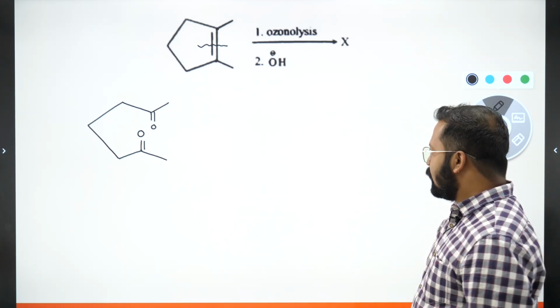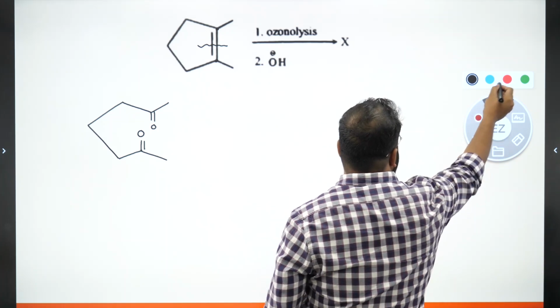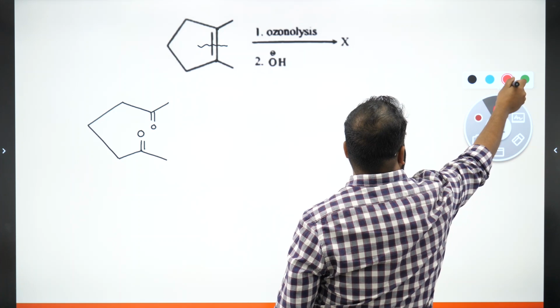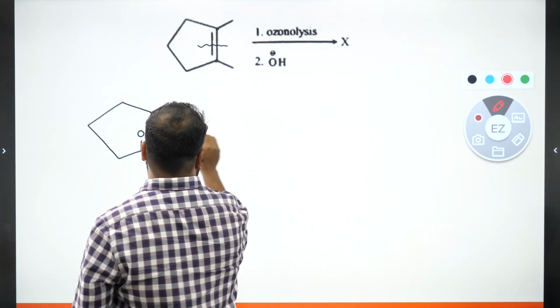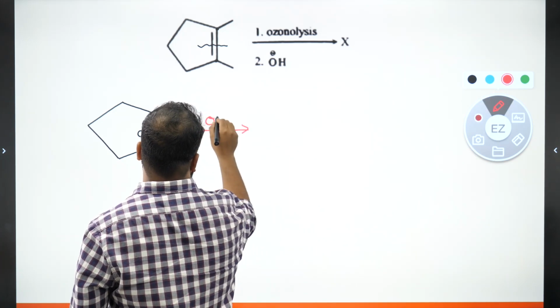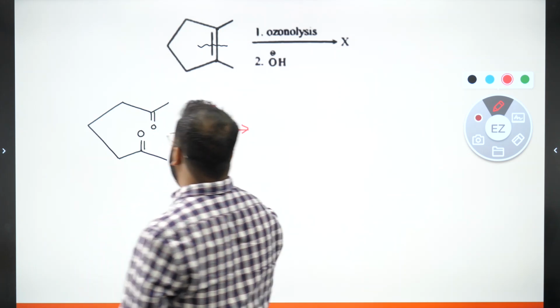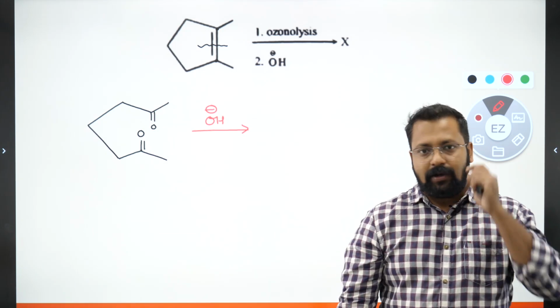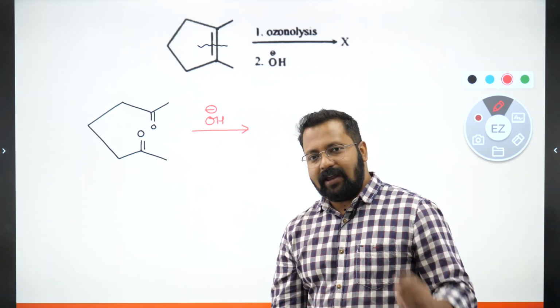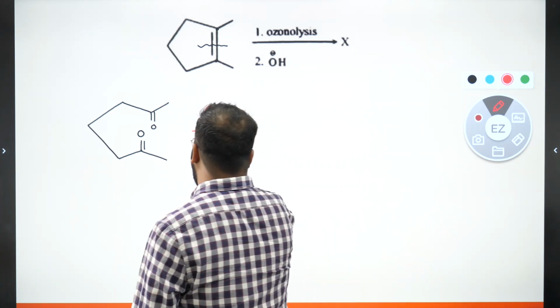Okay, now when you take OH minus, a very interesting reaction takes place, which is known as aldol condensation.